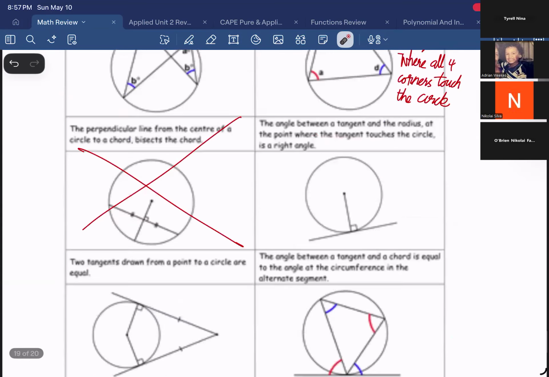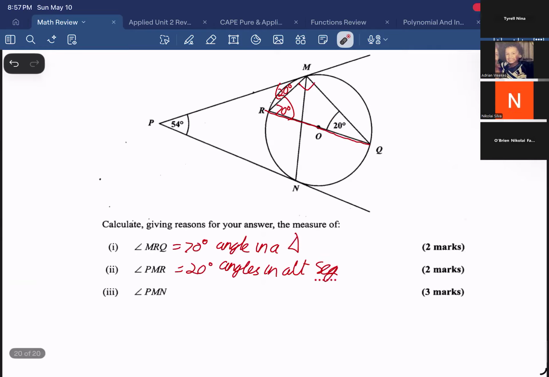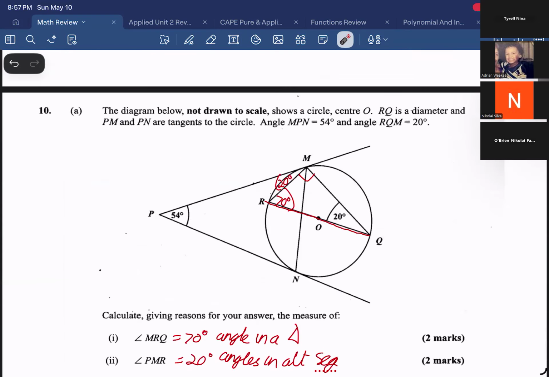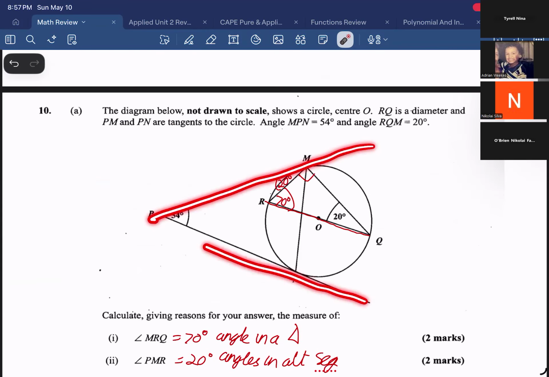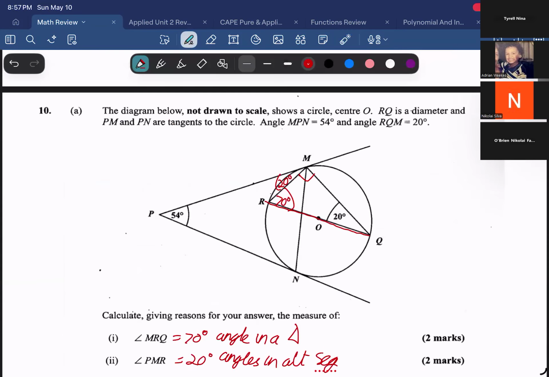Anything like that? Two tangents drawn from the point of a circle are equal. Very good observation. So this here is considered a tangent, and this here is considered a tangent. So therefore, this is equal to this. Very good.